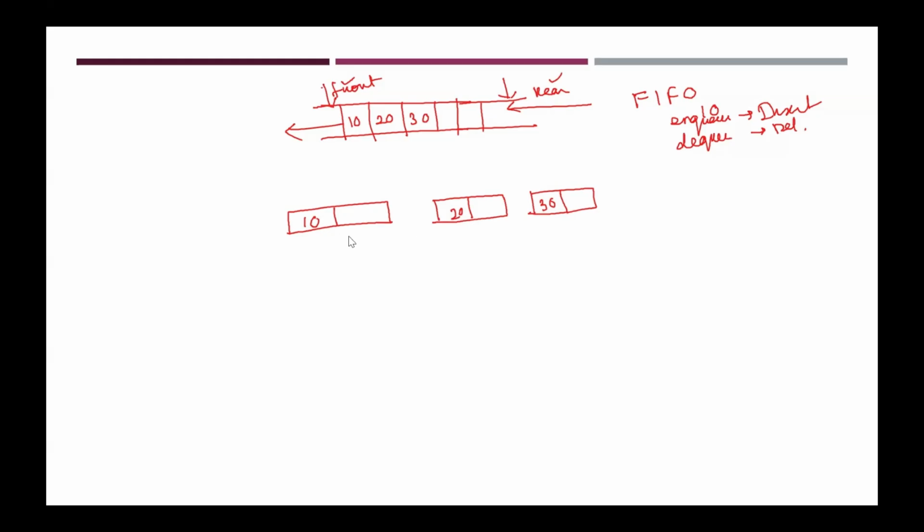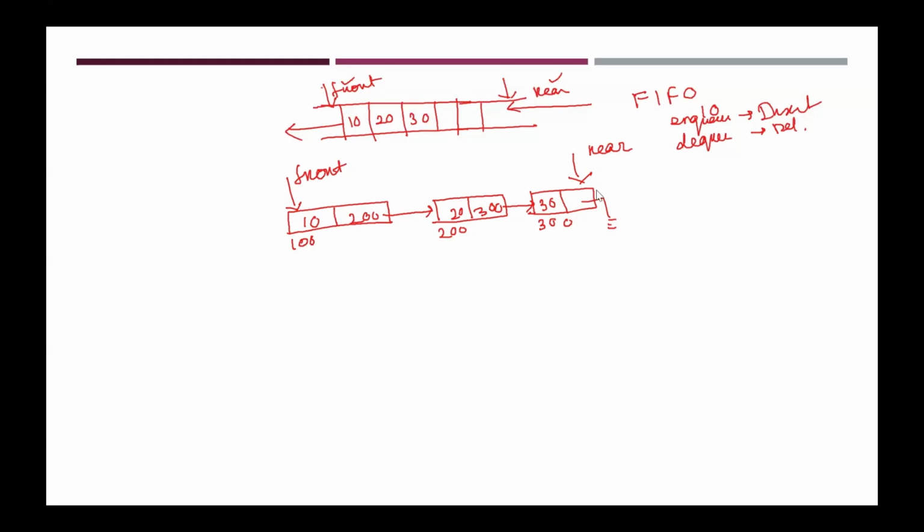Linked list means all are connected. Whenever a node is created, this is the address of the node. If I store the address, it is linked. The last node points to null. Now this is our front pointer, this is our rear pointer.